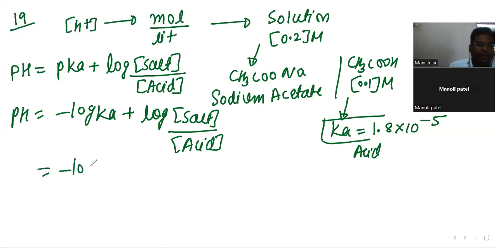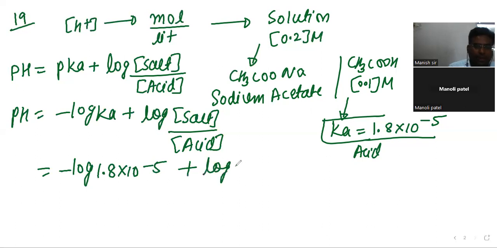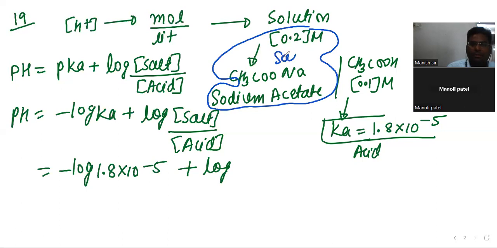Now put the values: minus log of Ka, which is 1.8 × 10^-5, plus log of salt, which we know is 0.2. It is already given here. You can see this is your salt, whose concentration is 0.2. Now the concentration of acid is given, that is 0.1, right here.